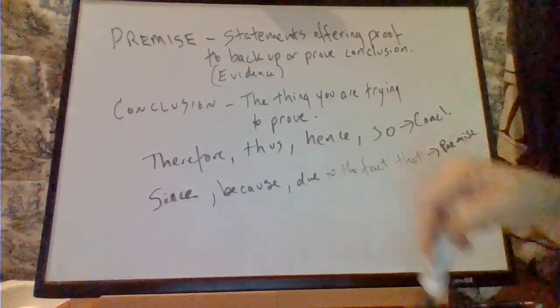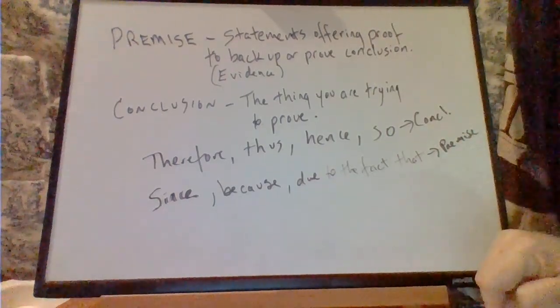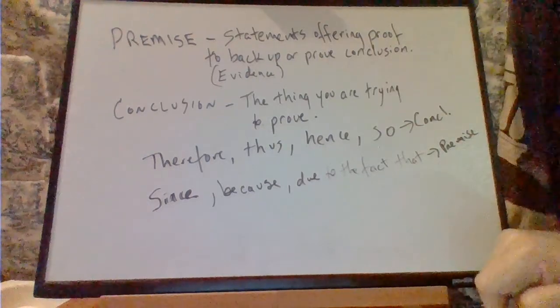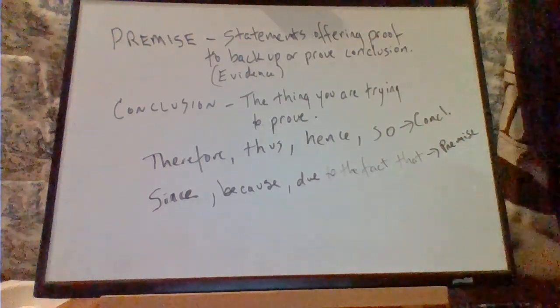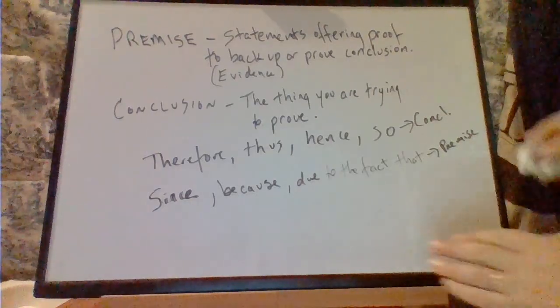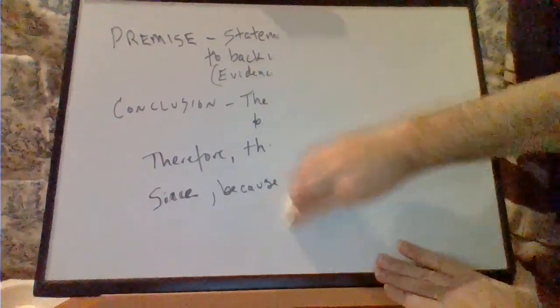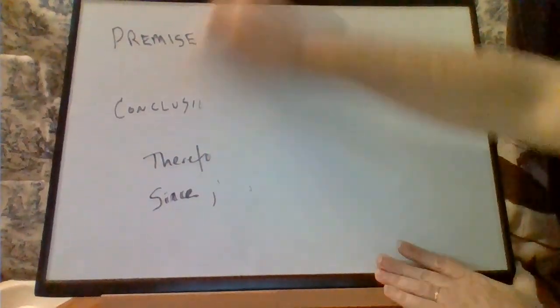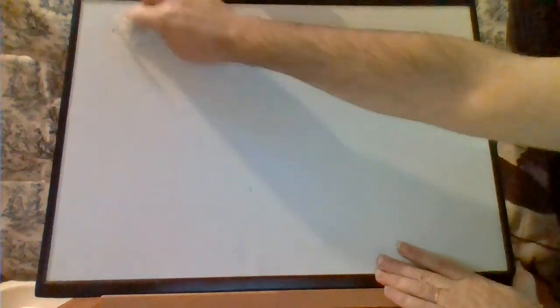So 99% of the time, if there are no indicator words in your argument, you will find that the first sentence is going to be the conclusion. So an argument then, of course, is going to have those elements, and it's going to try to prove something.